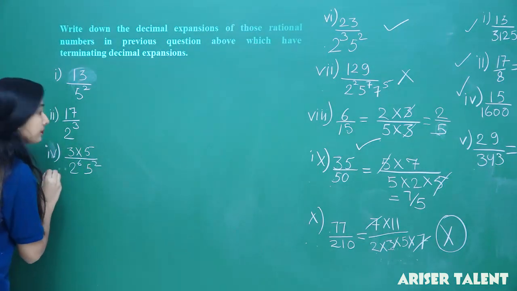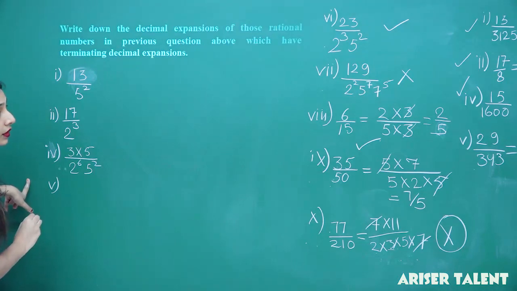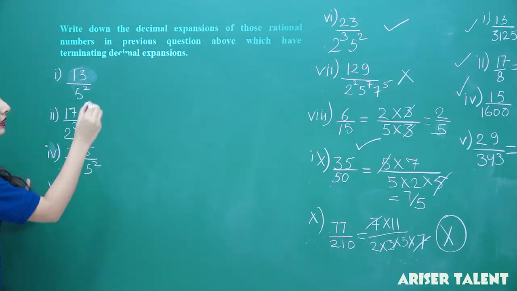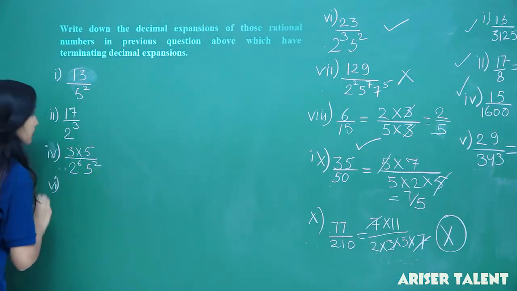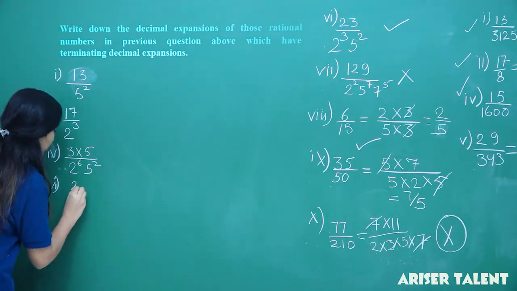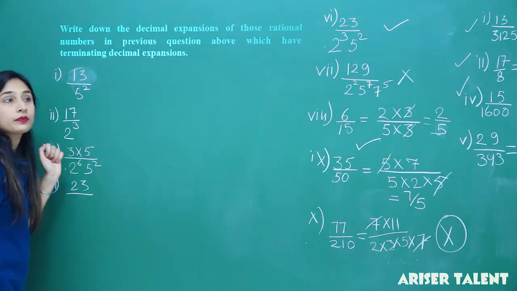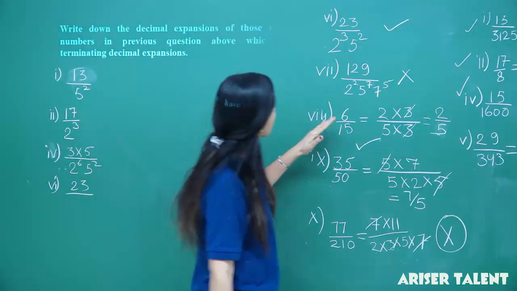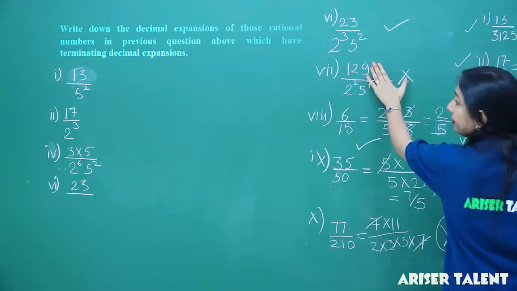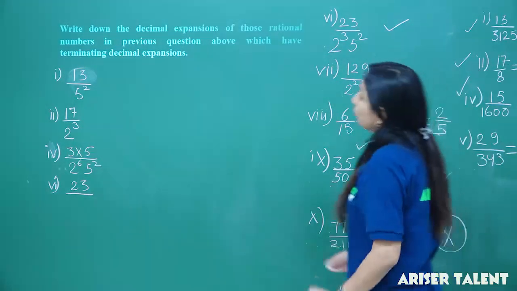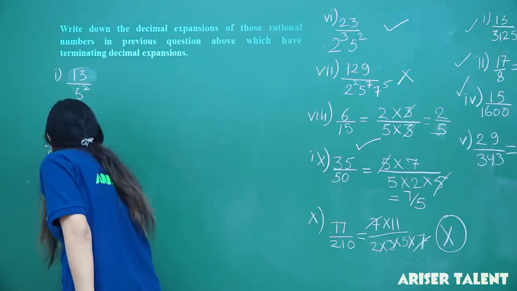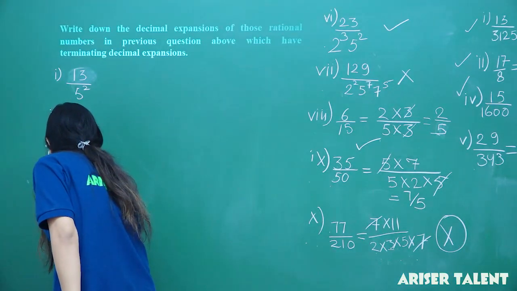Then the fifth one was not terminating. Then the sixth one, 23, 2 raised to power 3 and 5 raised to power 2.